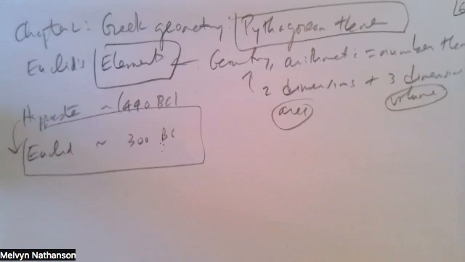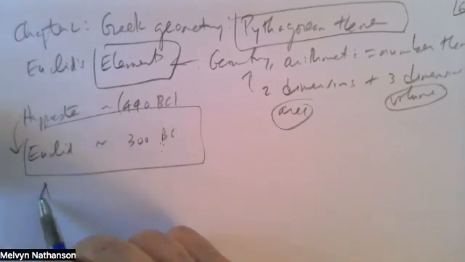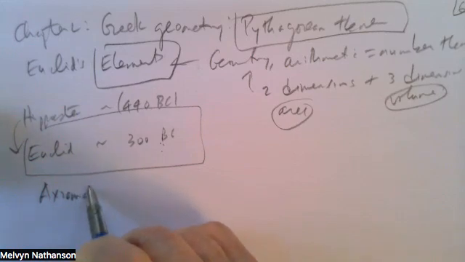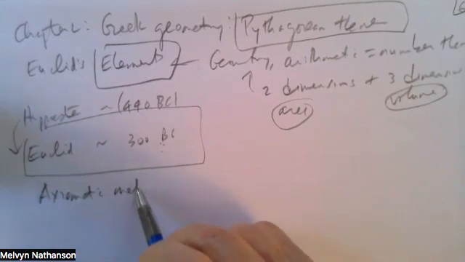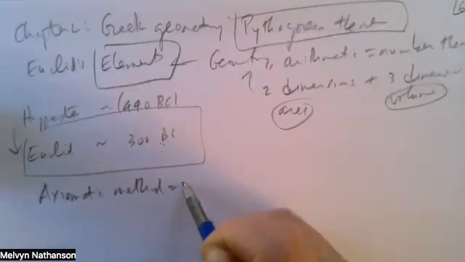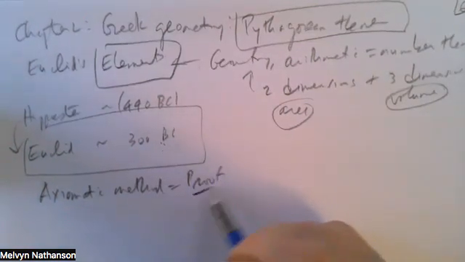But it seems that Euclid really organized, he wrote a great textbook in mathematics, organizing the mathematics of his time. And he introduced a method, or at least he made explicit, what is sometimes called the axiomatic method, which means this notion of proof.